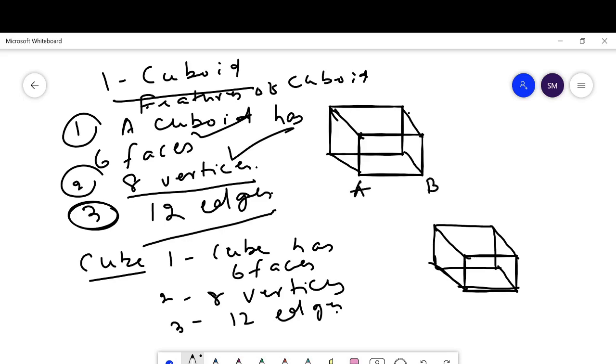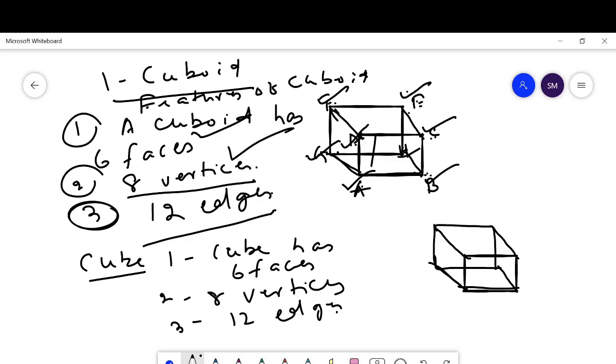Here you may name the vertices A, B, C, D, E, F, G, H. Then you may name the faces of the solid like this: one face ABCD, another face BCEH, another face EFGH, another face GFDA, another face ABHG. The vertices A, B, C, D, E, F, G, H are 8 vertices.